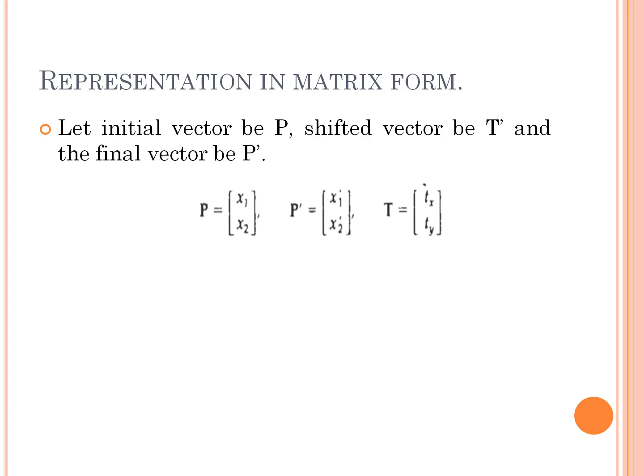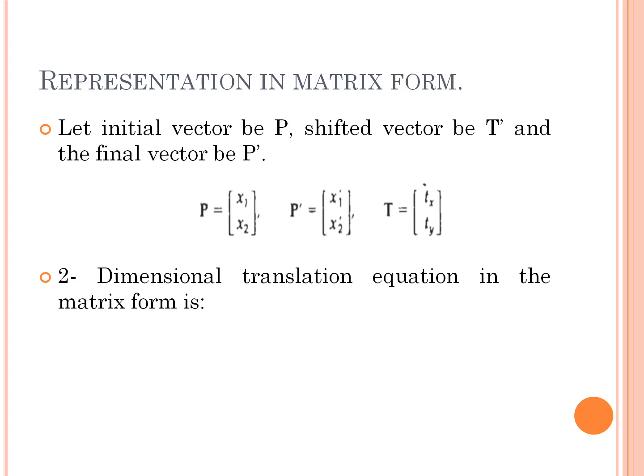Now how could we represent this in matrix form? Suppose P is the original vector x1 x2, and T is the shift or translation vector tx comma ty, and the transformed vector, let us say, is P dash, x dash 1 comma x dash 2.